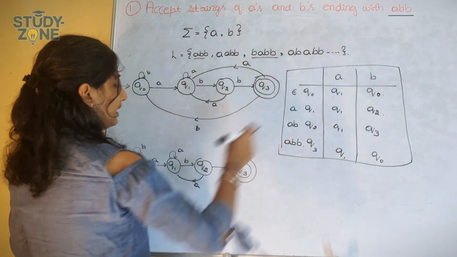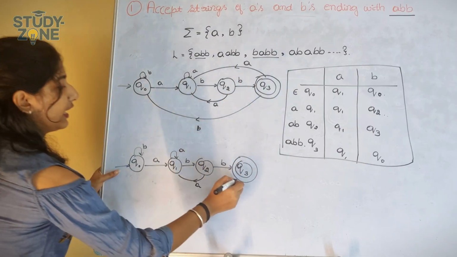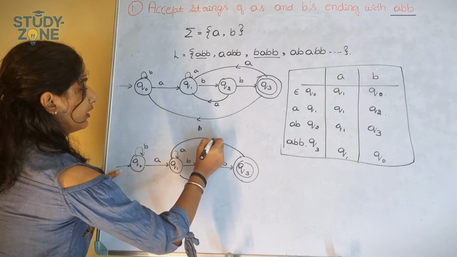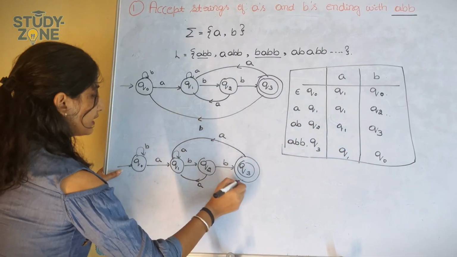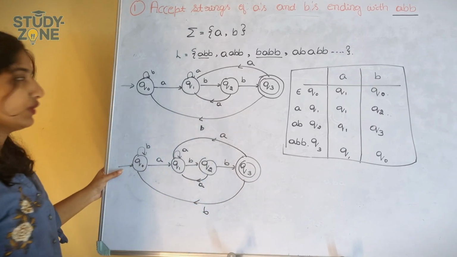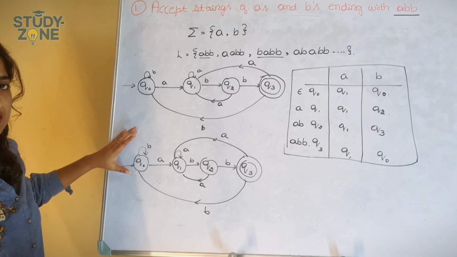And Q2 on B, it is moving to state Q3, and Q3 on A, it is moving to state Q1, and Q3 on B, it is moving to state Q0.